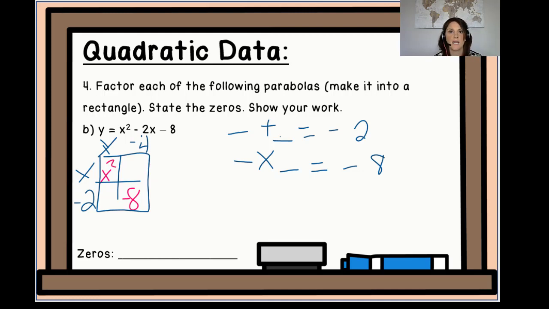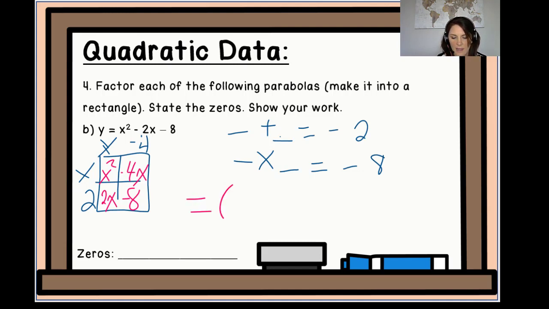Okay, so let's try -4 and +2. So -4 plus +2 will give me -2, and -4 times 2 will give me -8. Okay, so this looks like the combination that's going to work.